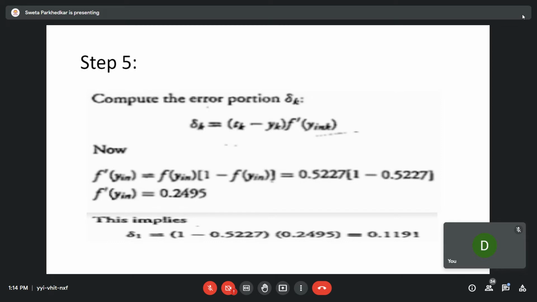This is the error portion, that is del k, error from input layer to the hidden layer. So this is the error portion.